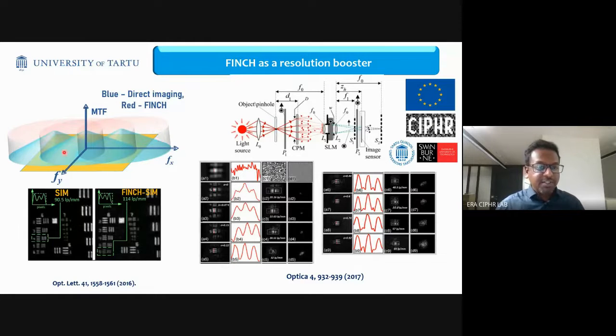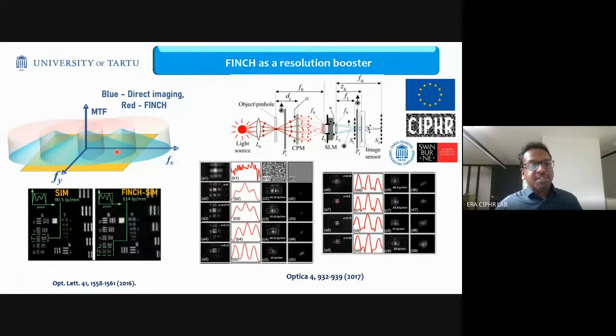So initially, the imaging system has a resolution defined by this MTF, but by introducing spatial frequencies like grating structures incident on the object, recording the corresponding holograms and combining them, it is possible to extend the MTF in this way. So this is the extended region.